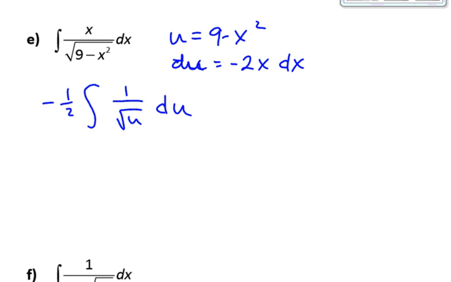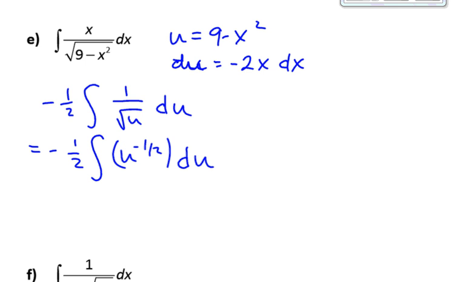Now at this point, a lot of people want to say, oh, that's just natural log of the square root of u. Incorrect. Make sure you watch out for that. A lot of people, when they start doing the natural log, say that anything, if you have 1 over something, will be natural log. But that is wrong. 1 over the square root of u is actually u to the negative 1/2, which is then going to be a power rule.